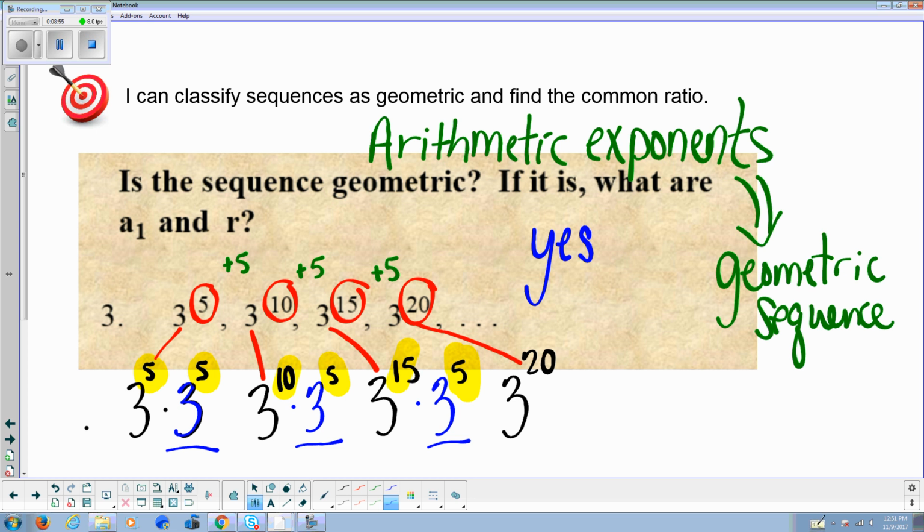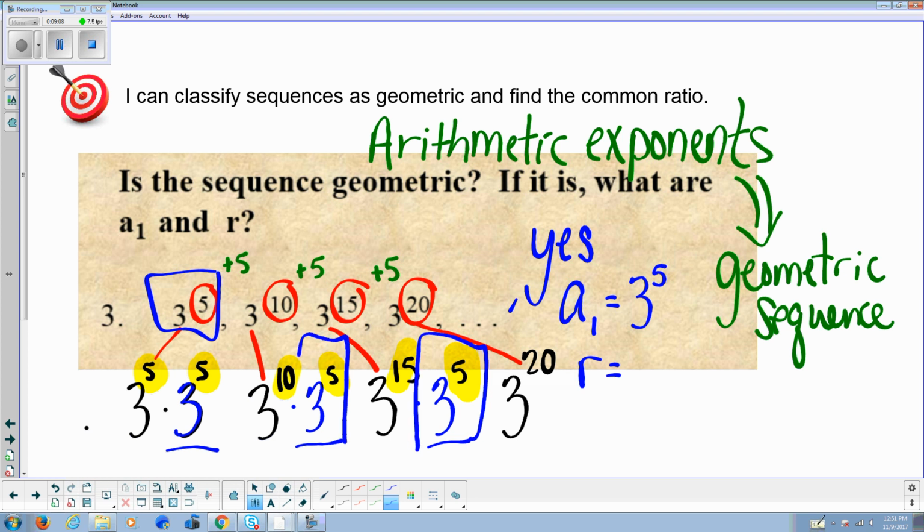If it is, what is A1? A1, my first term, was given to be 3 to the 5th power. And R, my common ratio, is the number that I multiplied each term by to get the next term of the sequence. That's also 3 to the 5th power.